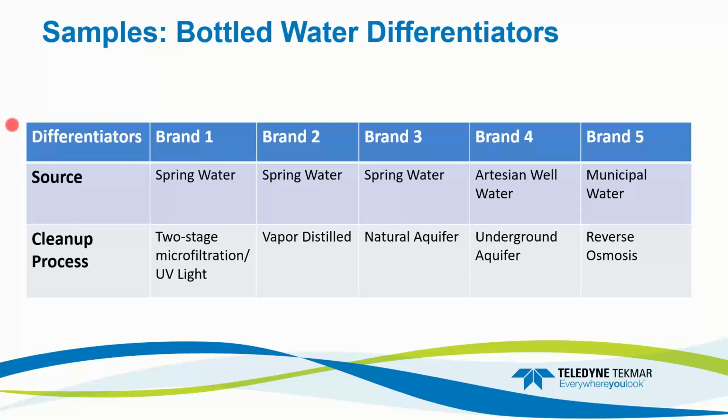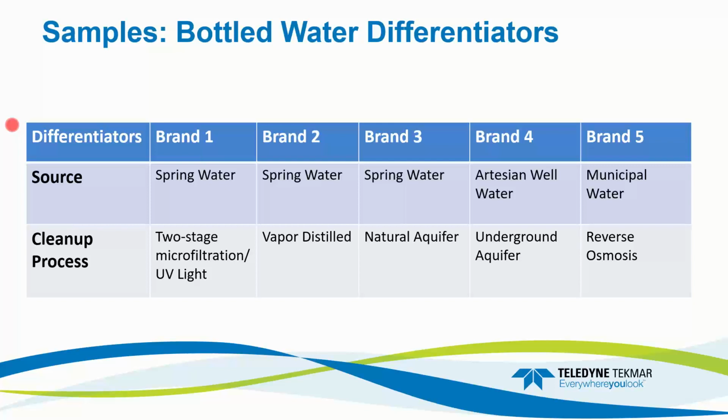Brand 2, spring water, and it was vapor distilled. Brand 3 is also spring water, but it came from a natural aquifer. Brand 4, artesian well water, underground aquifer. And then we had municipal water, and that's done by reverse osmosis.